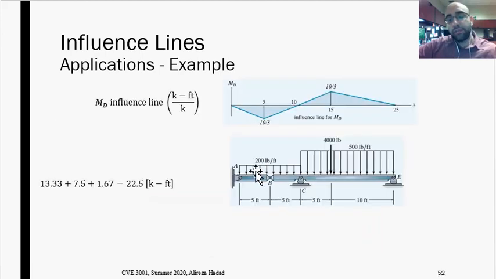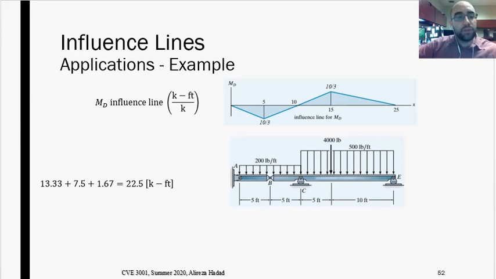In that case, I have to consider this situation and multiply the intensity of uniform loads by the areas under the diagram, and multiply the concentrated load by the height of the diagram at this specific point. If you do that, you can see the maximum positive bending moment at point D because of all of these loads together will be equal to 22.5 kip-foot.